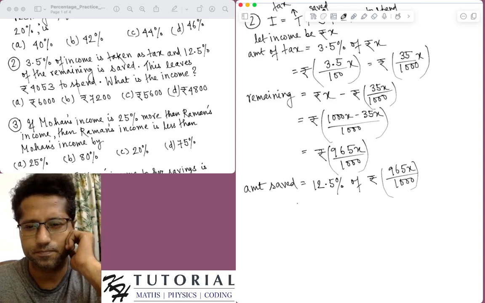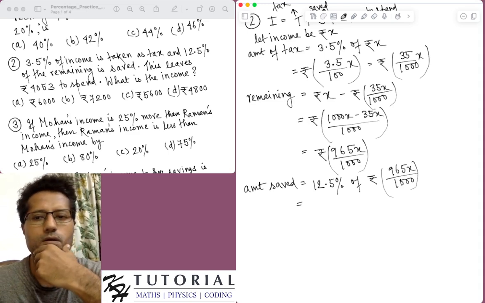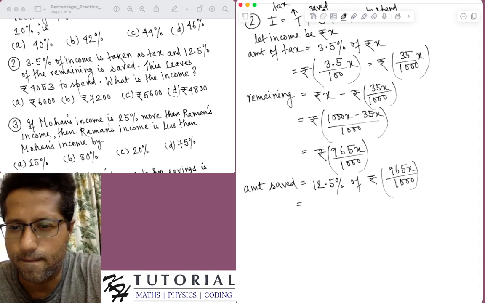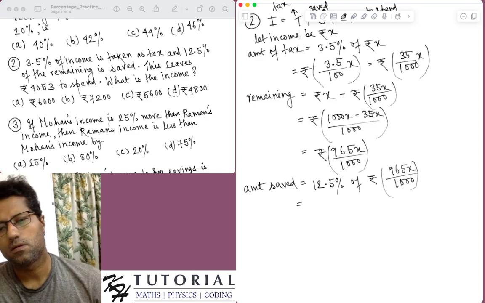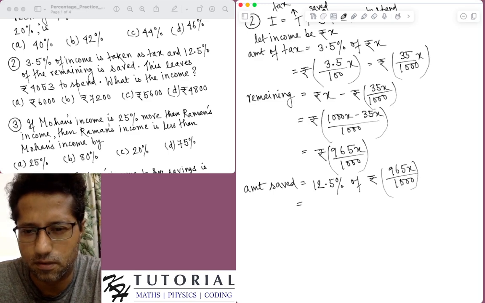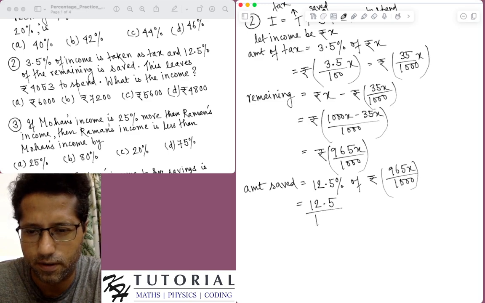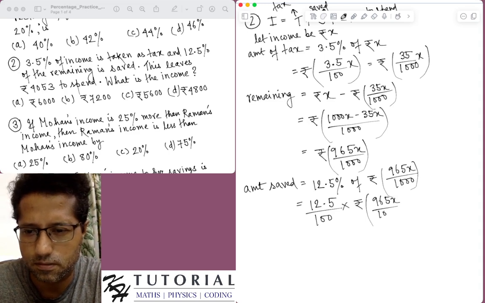So 12.5% means 12.5 divided by 100 multiplied by this amount.